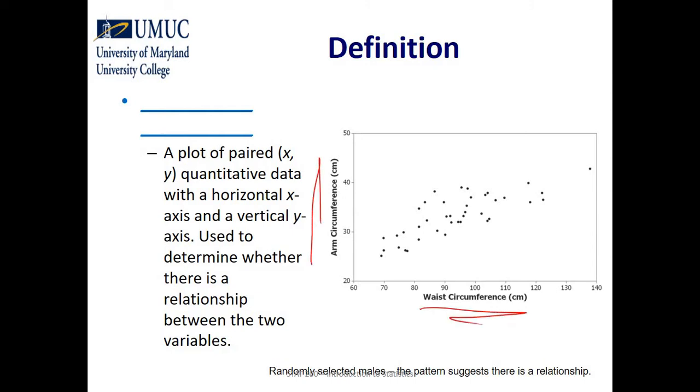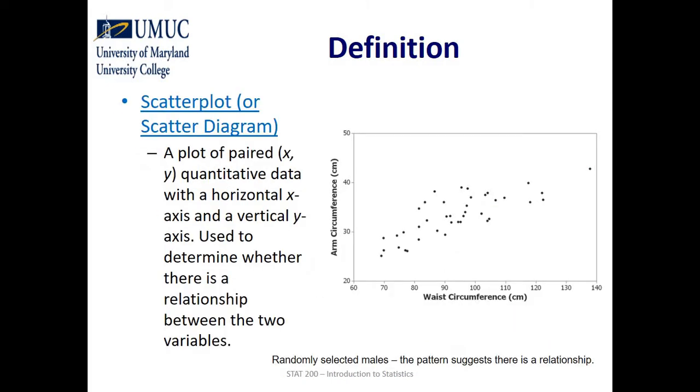As your waist circumference goes up, your arm circumference goes up as well. So that's saying that if you have a bigger waist, you probably have bigger arms too. So there's some kind of correlation there, and that's probably not unexpected. This particular type of graph is called a scatter plot or scatter diagram. So the XY graph is what this is.